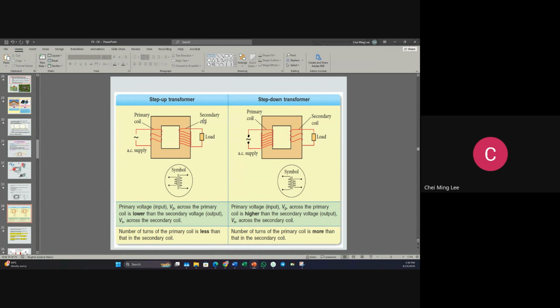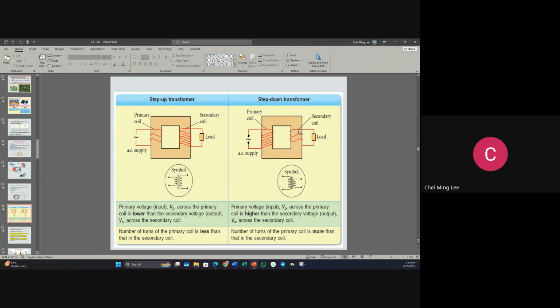If the secondary coil has more turns than the primary coil, it's a step-up transformer, which means the output voltage is higher than the input voltage.